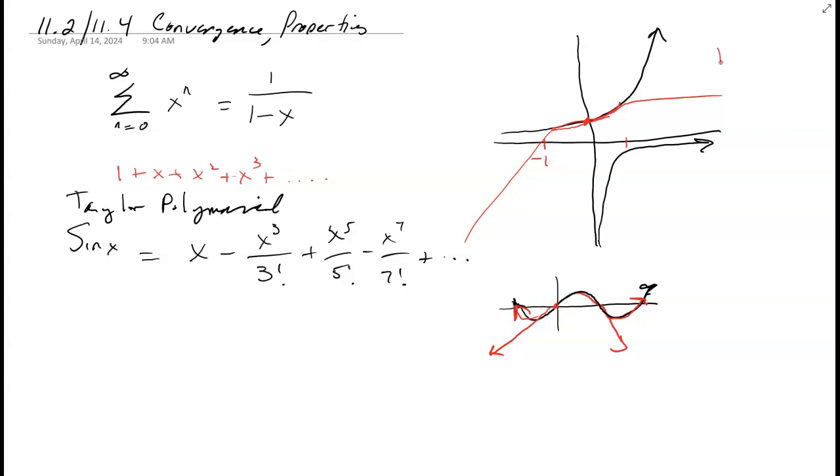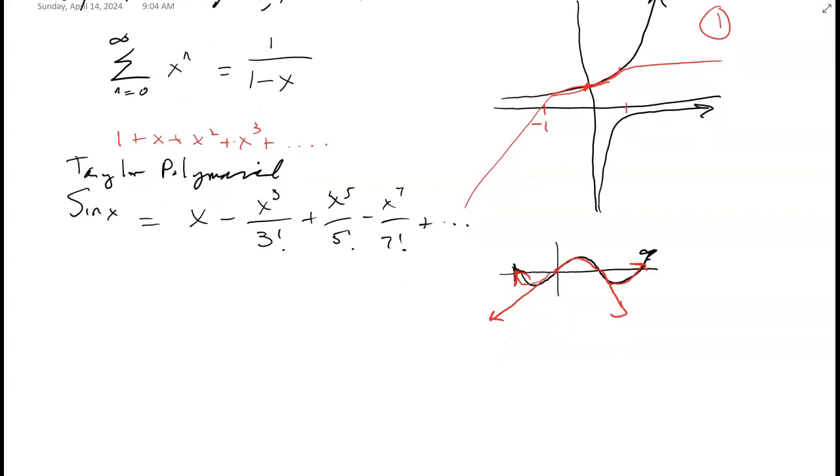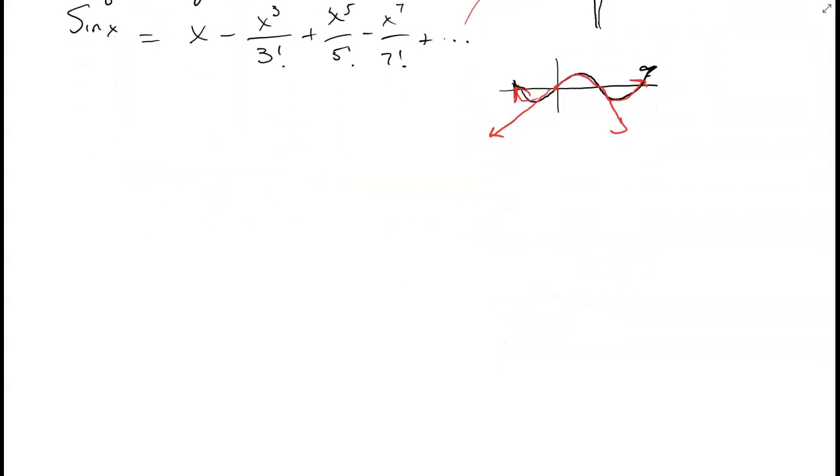In this first one, we have what we call an interval of convergence. It will only ever converge between -1 and 1. But in the case of sine x, we have what we call absolute convergence for all x. So let's write that up. All right, because there's also a third case.